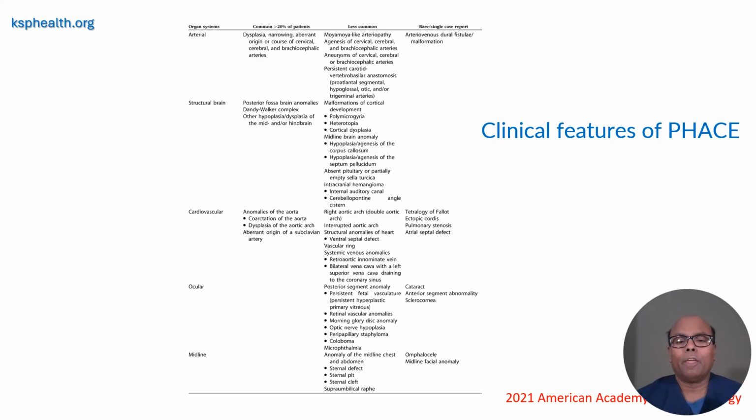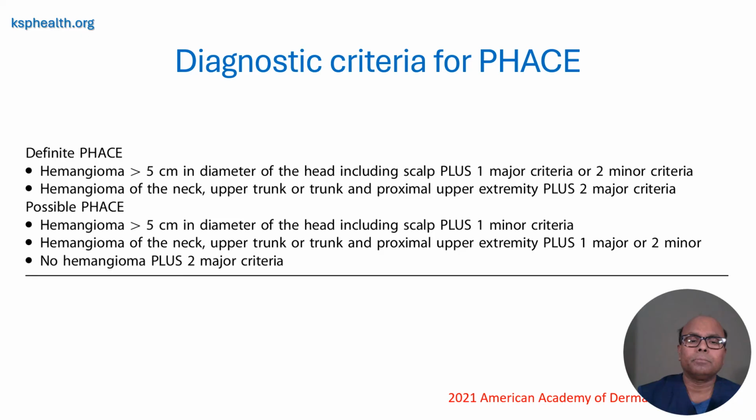As you can see, there are a whole number of things that can happen in different areas, like arterial abnormalities, brain abnormality, especially in the posterior fossa, cerebrovascular, ocular, and midline defects.